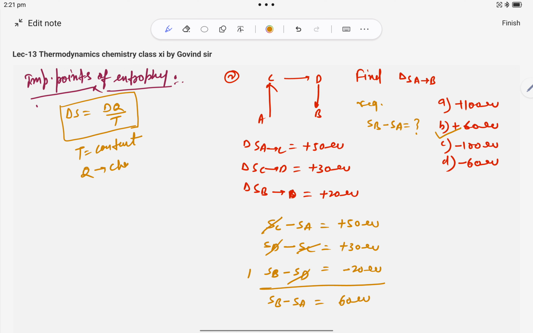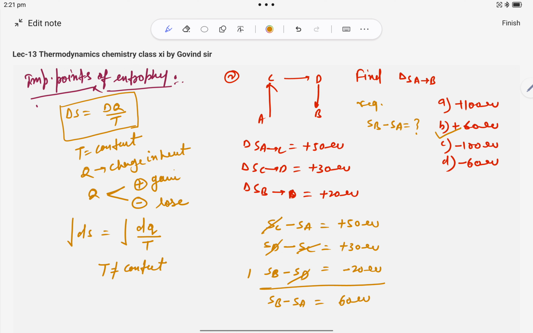Q is change in heat, that you know, if positive sign then gain, if negative sign then lose. For a small change, dS is equal to dQ upon T. If T is not constant, then this formula you will apply: delta S is equal to integral of dQ upon T.